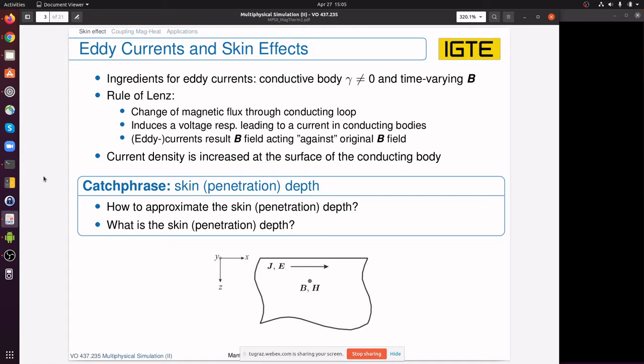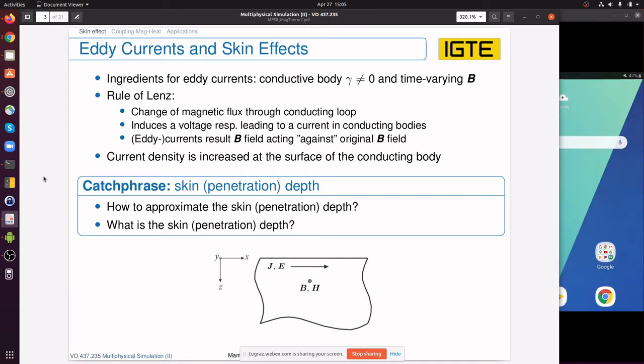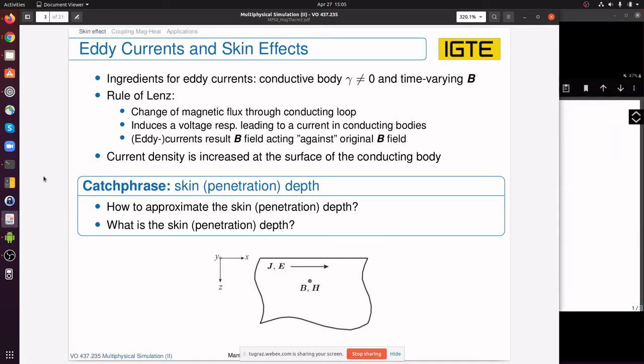Okay, let's perform a derivation of how to approximate this skin penetration depth, and we'll do that by assuming an infinite half plane. So it's infinite in all directions, and here at z equals 0 there's a boundary.